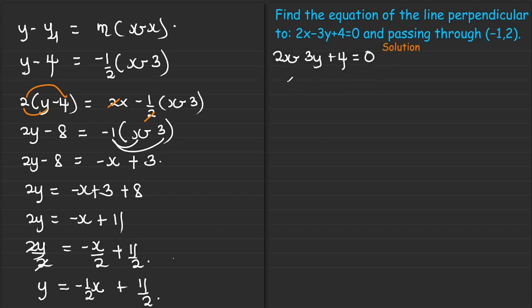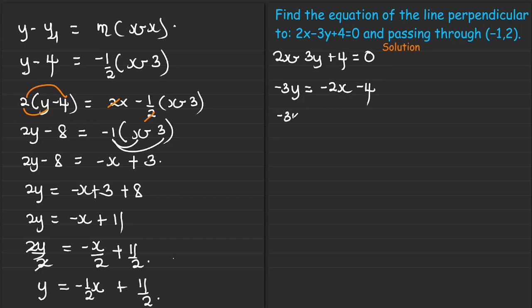So making y the subject, we have negative 3y equals negative 2x, then a negative 4. That is, we are keeping this on the left-hand side, and then we are moving this to the right-hand side, and then move the 4 also to the right-hand side. We then choose to divide each and every term by negative 3.